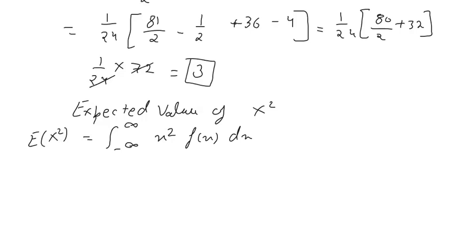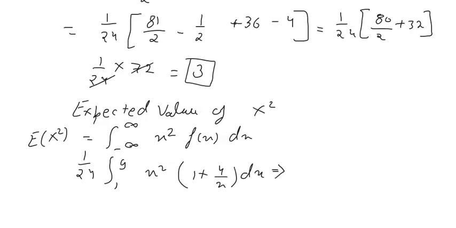Now solving this equation as we did previously, we will get 1/24, range 1 to 9, x square multiplied with (1 + 4/x) dx.